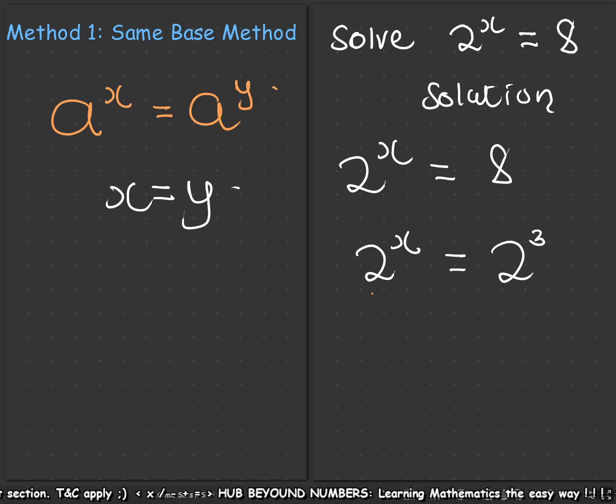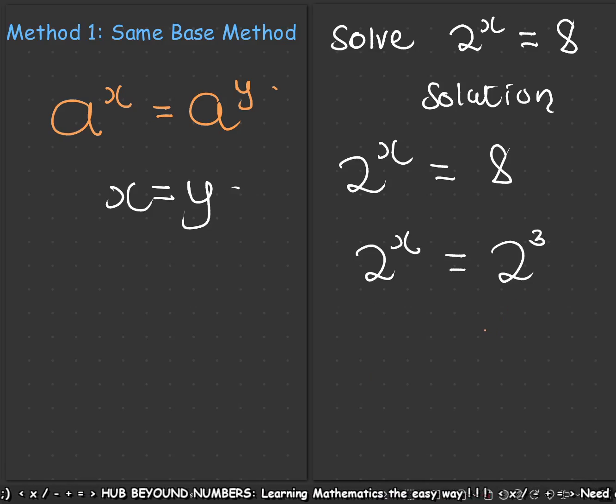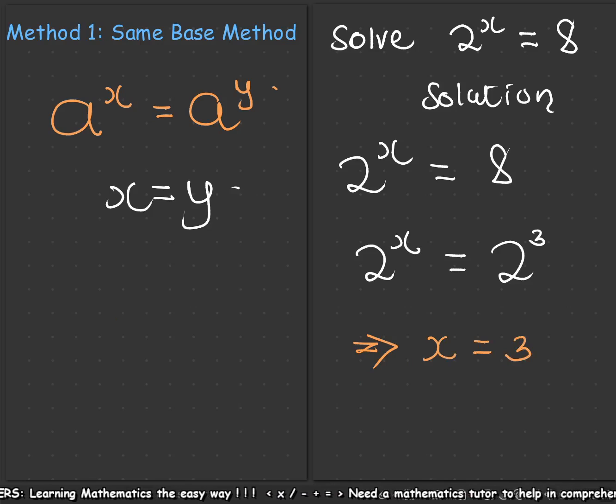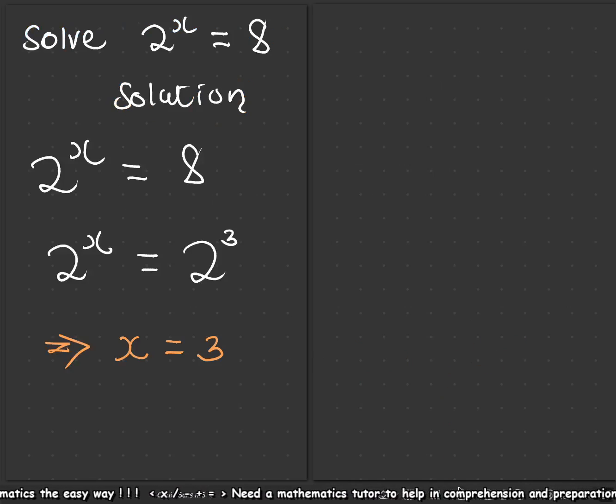Now, if you look at it carefully, they have the same base. So anytime we have the same base, it implies that x is equal to 3. We only use this if the bases are the same.